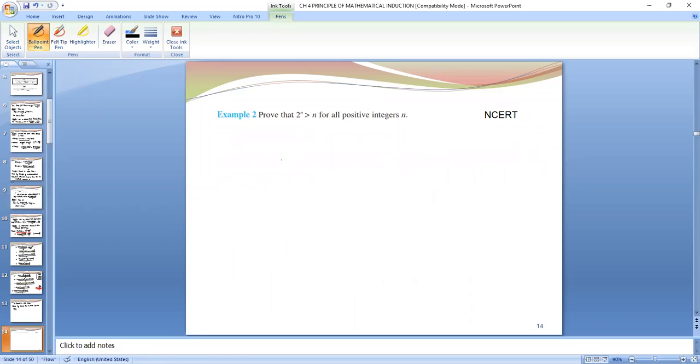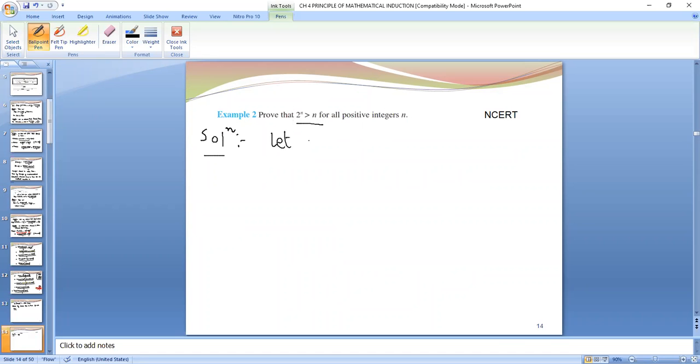Now we have a next example. Prove that 2 raised to power n is greater than n for all positive integers. Now we are not having an equal to sign. We have a statement which we have to prove, that 2 raised to power n is greater than n. Right?